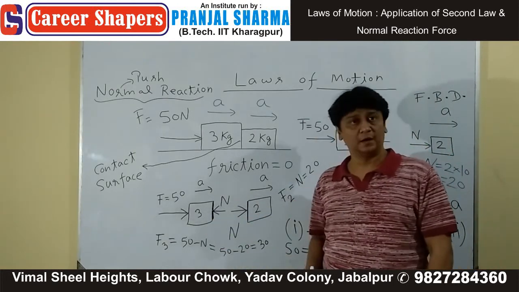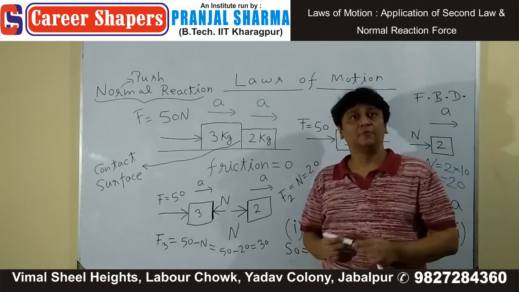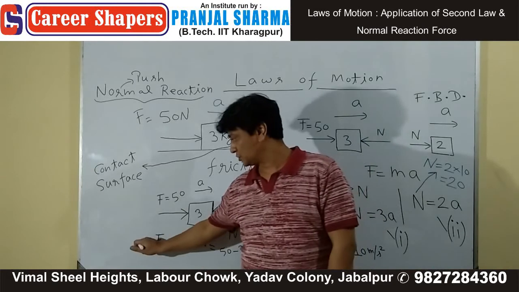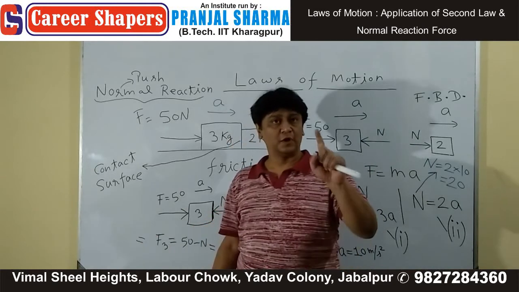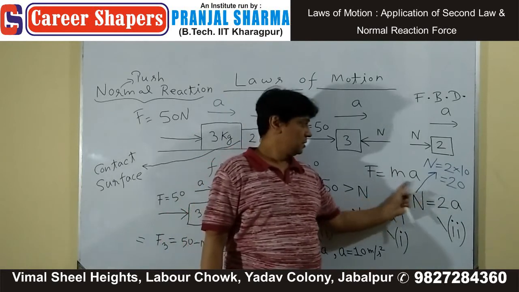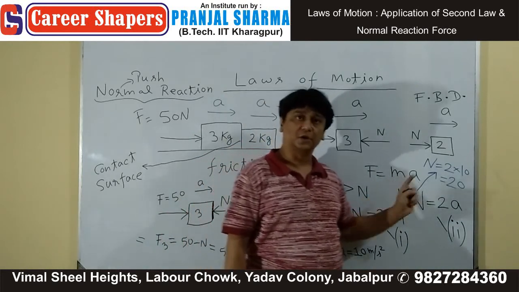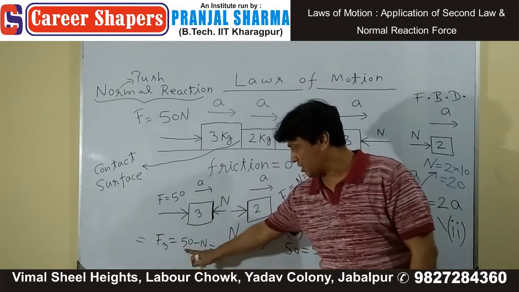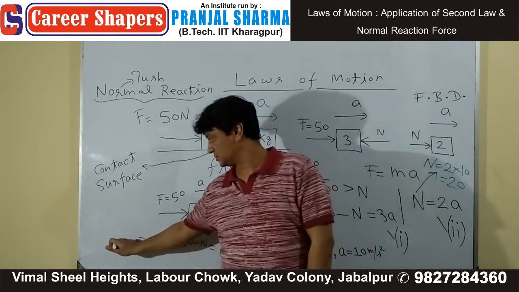50 minus N. But from now onwards, when they ask you what is force on a body, force on a body is what? Mass into acceleration. So when they ask you what is force on 3, instead of doing this, do this.